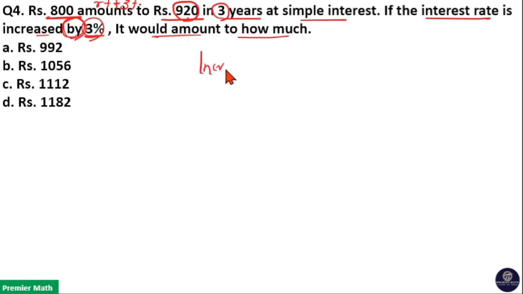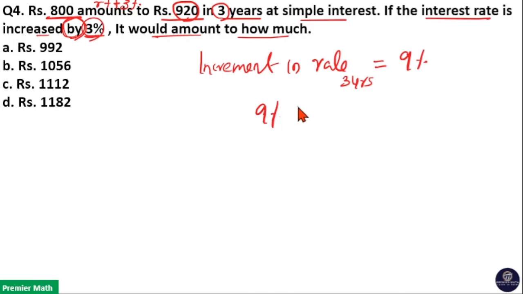Here, the increment in rate for 3 years is equal to 3 into 3, 9%. And this 9% is for this 800 rupees, that is the principal. Now, the 00 and the percentage get cancelled. 9 into 8 is equal to 72 rupees.